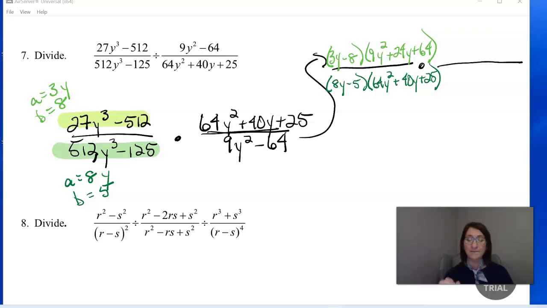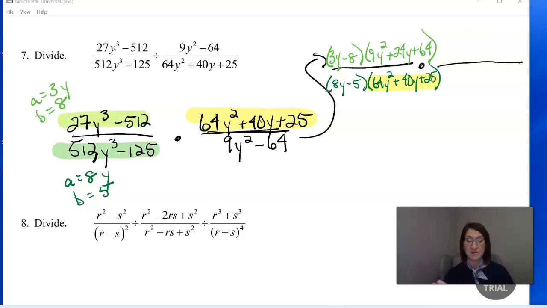Now I've got to take this 64y squared plus 40y plus 25. Notice that that's the same as that trinomial after my difference of 2 cubes. So I know that it's prime. So I'm just going to rewrite it.